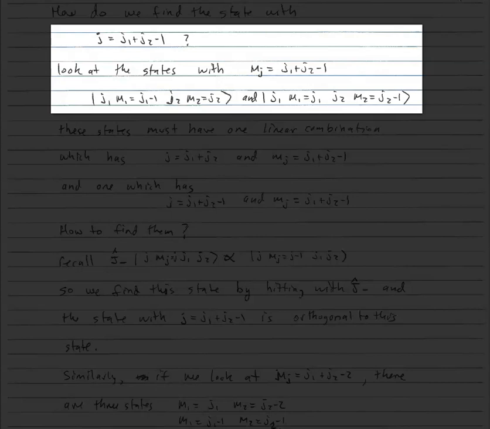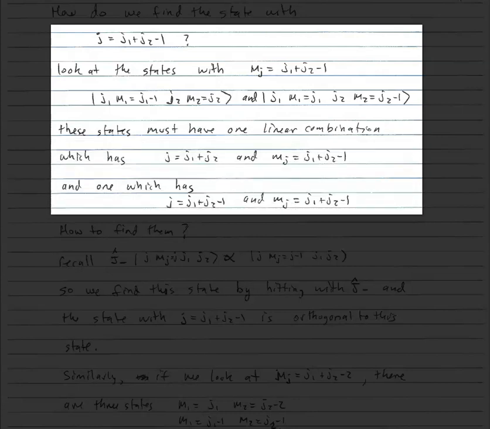I also can have j1, m1 equals j1, j2, m2 equals j2 minus 1. And so this state is a linear combination of these two states. That means that there's a second state in here, and the second state is the state that has total mj equal to j1 plus j2 minus 1, and a total j equal to j1 plus j2, because I have to have that state as well.